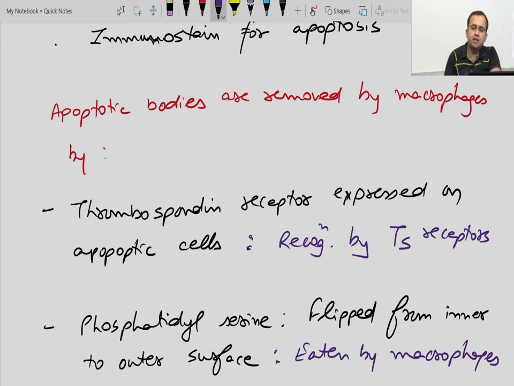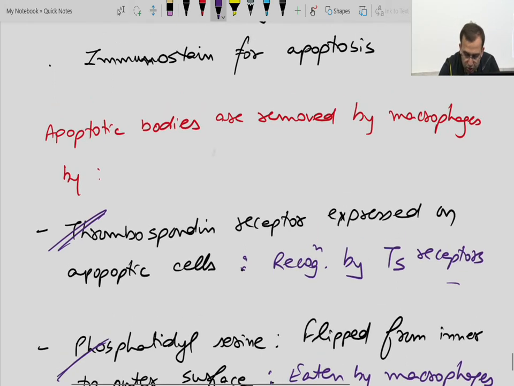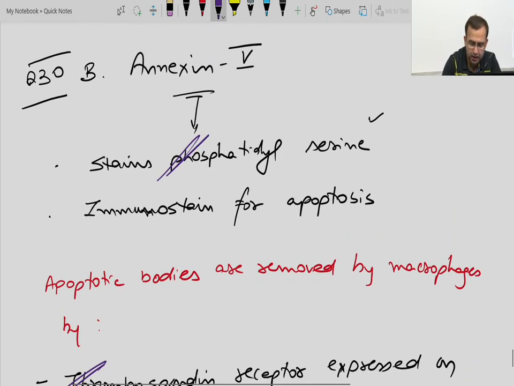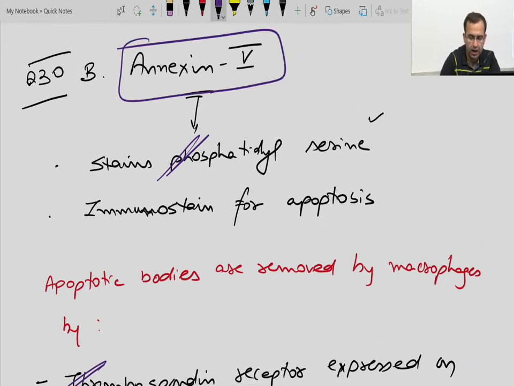So there are two main mechanisms by which macrophages remove apoptotic bodies: thrombospondin receptors recognized by TS receptors, and phosphatidylserine. So for staining of apoptosis, we stain phosphatidylserine using annexin 5.